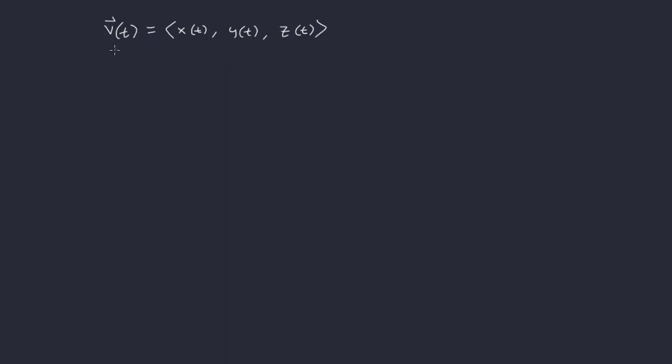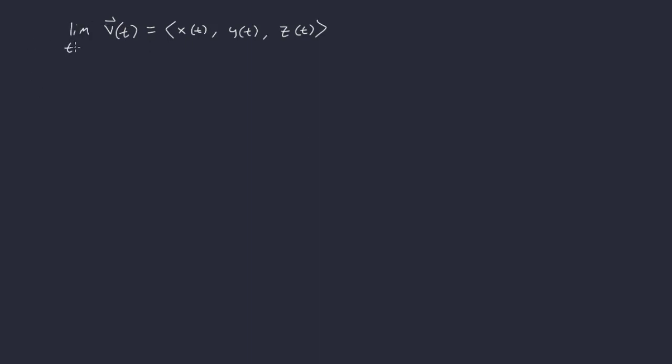All right, so with our vector-valued functions here, since they are a function just of a single independent variable, we can take limits how you would expect, right?